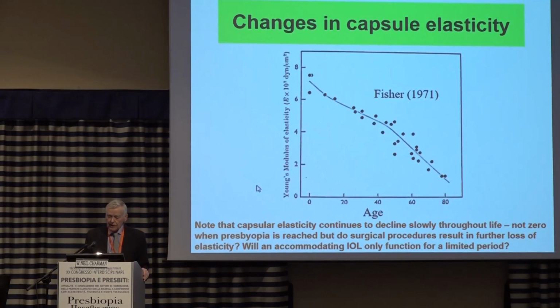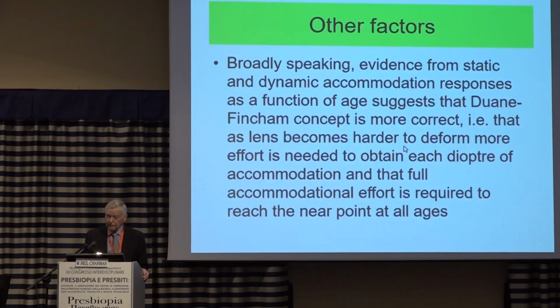And the elasticity of the capsule, its ability to change the shape of the lens, does seem to be maintained reasonably well throughout life. Some have actually raised this a little bit, but certainly it isn't that the capsule is losing elasticity. There's a slight small change, but nothing very great. So that's important, that capsule elasticity is there, again, from the point of view of surgical interventions later in life.